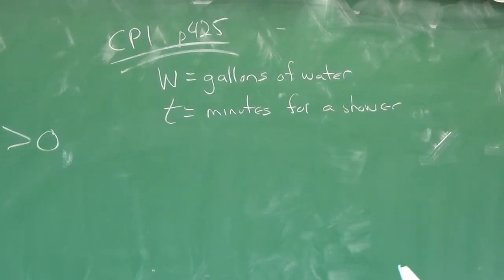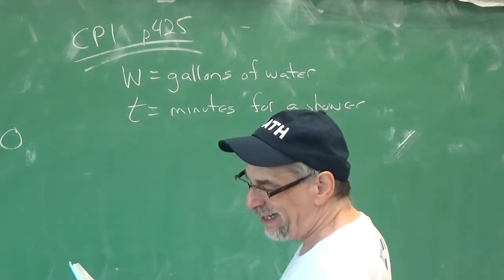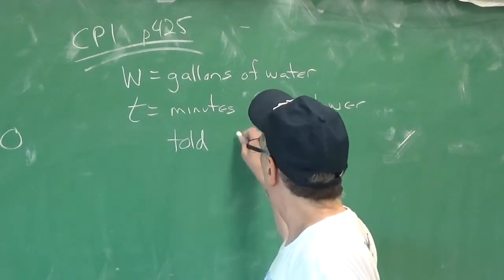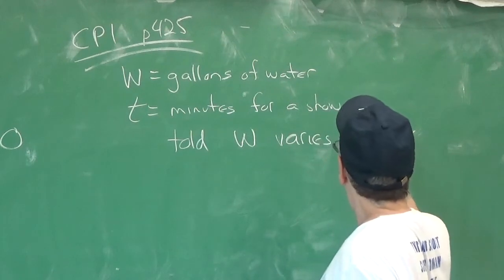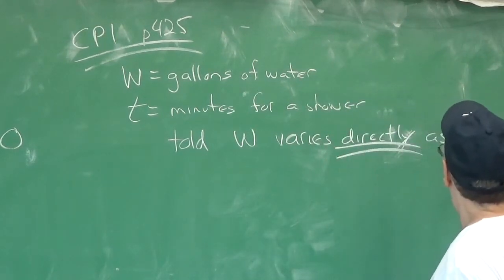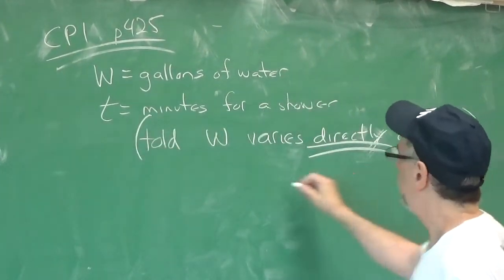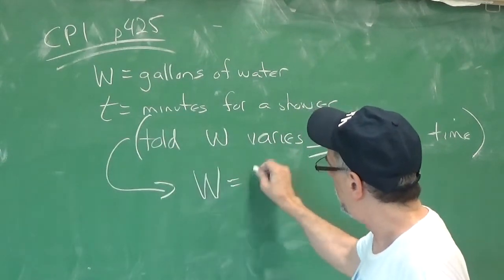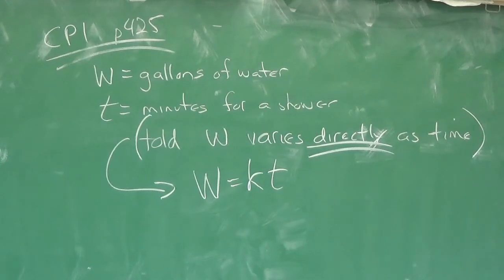And we are told in this question that the water used when taking a shower varies directly as time. So we are told that W varies directly, that's the key, as time. That information allows us to form this equation, and that's really the key, forming the correct equation.